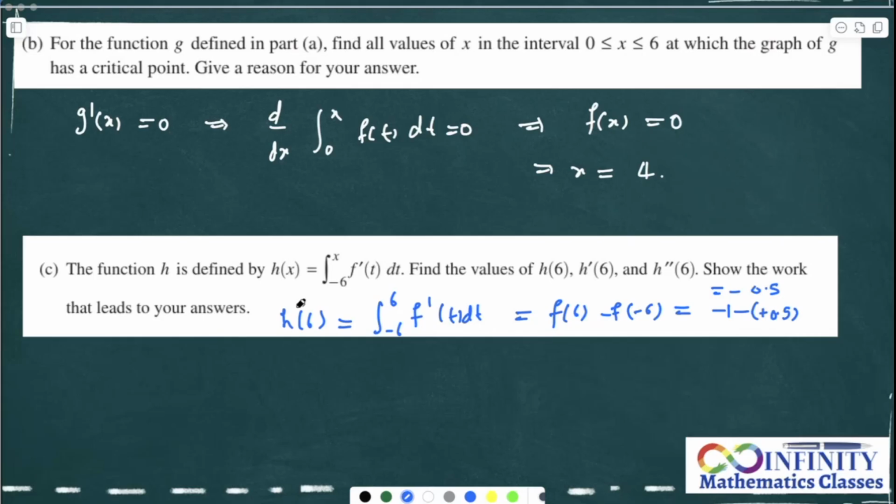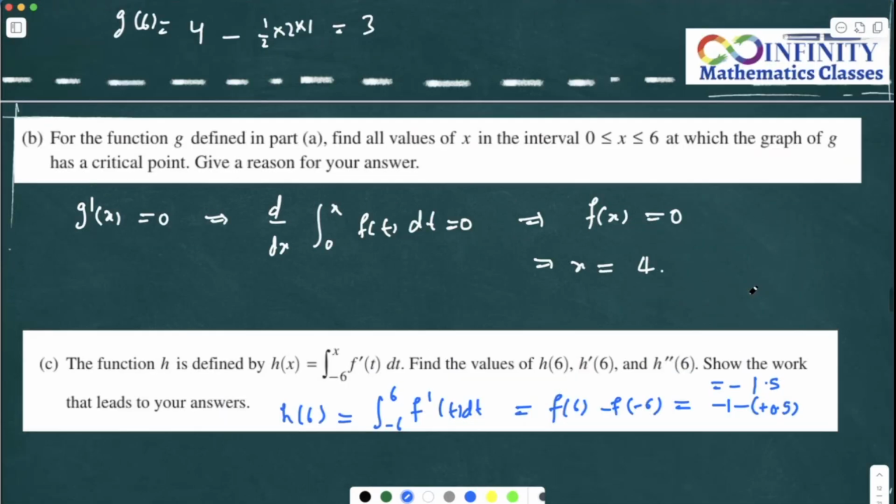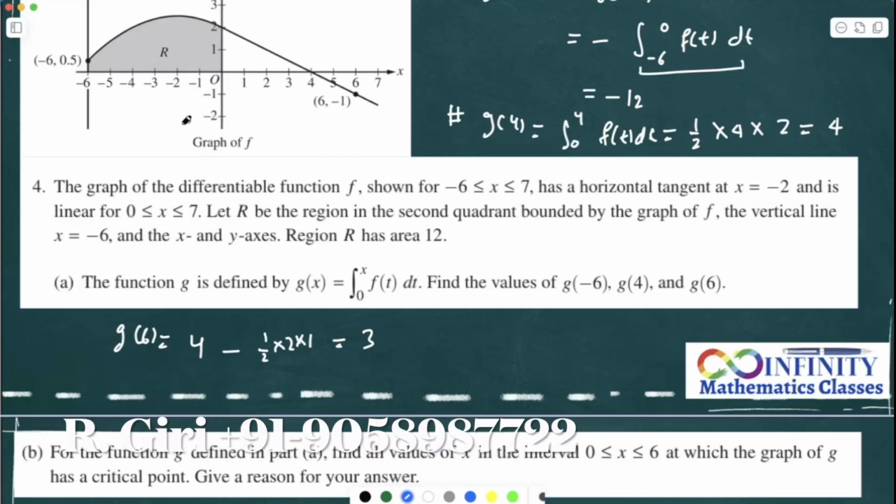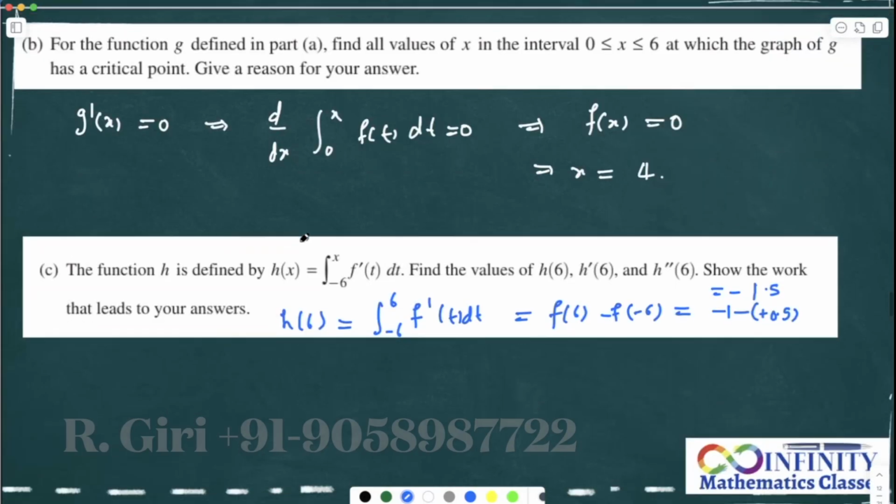Have I made any mistake? Oh, it should be negative 1.5. Can you please check? Look at the values again. -1 and 0.5. So -1 minus 0.5, this is the value of h(6).